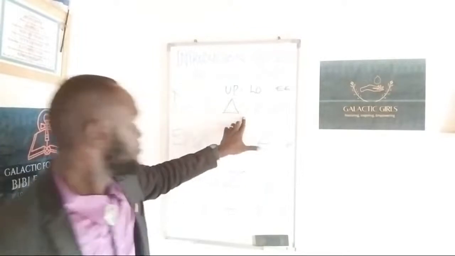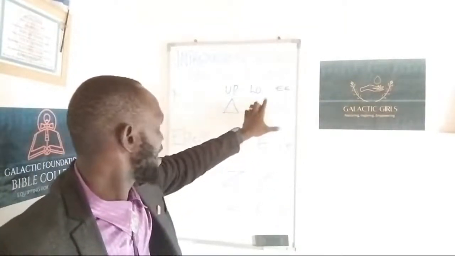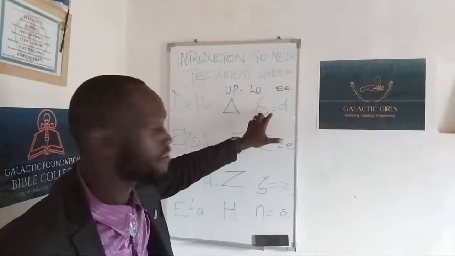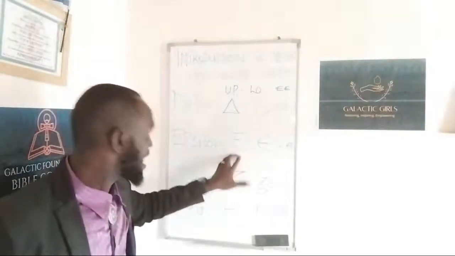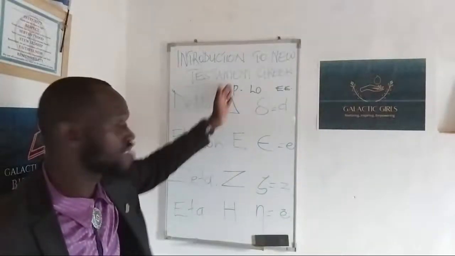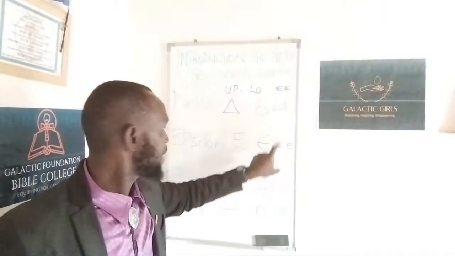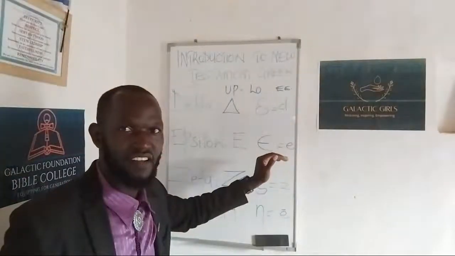But then the lowercase, we say you write like you're writing an English O, but then at the lower back, you cover it and close it. Right? And then for epsilon, the uppercase is just like the English E. The lowercase is like you're doing a C, but then giving it a cut in the middle.